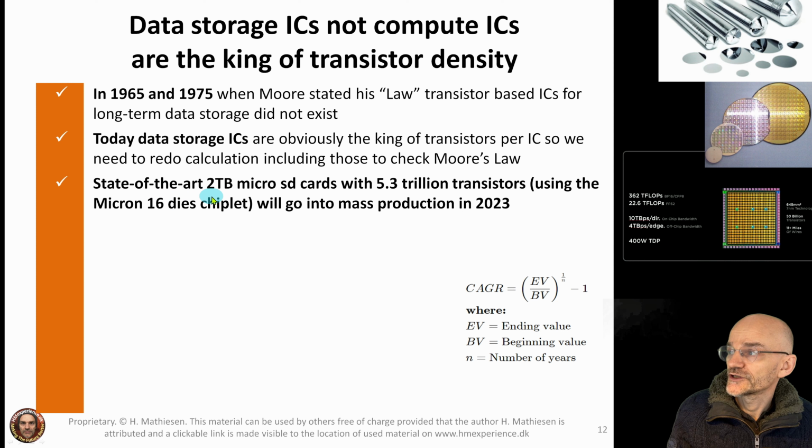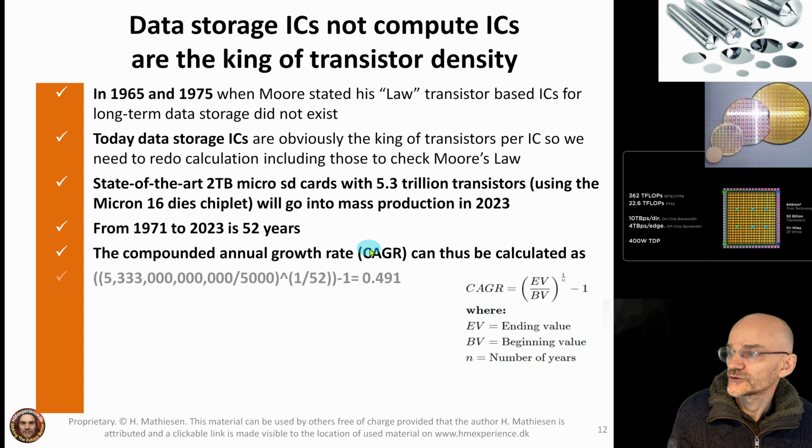So one endpoint here would be this state-of-the-art 2 terabyte micro SD card with 5.3 trillion transistors. It goes into mass production in 2023. That's from the beginning of our period here, which was 1971. So it's 52 years, and now we have all we need to redo the calculation.